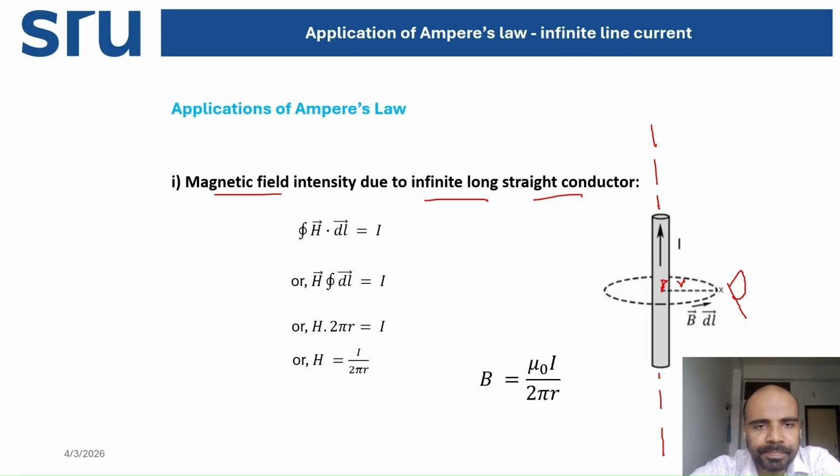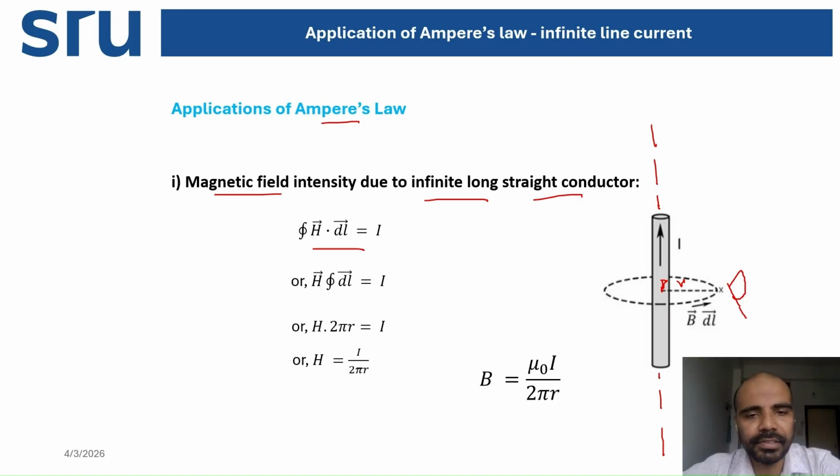As per Ampere's law in terms of magnetic field intensity, it can be expressed in this mathematical form. This is the integral form of Ampere's law, that is the closed line integral of H dot dl equal to I, where I is the current enclosed by the closed path. What is the closed path?